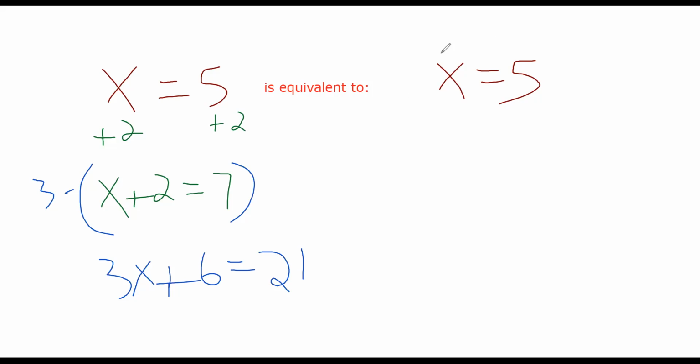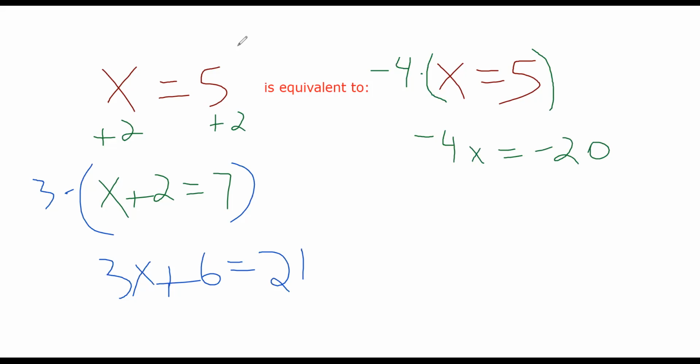What if I did something else over on this other equation over here? Remember, x equals 5 originally was equivalent to x equals 5. What if this time around I decide I want to start by multiplying both sides by, how about -4? So I'm going to multiply both sides by -4. Okay, so now I've gotten -4x equals -20.